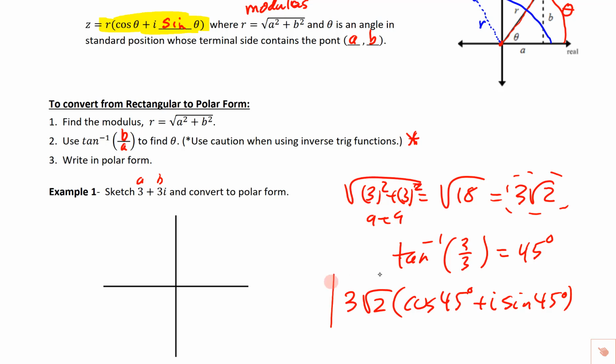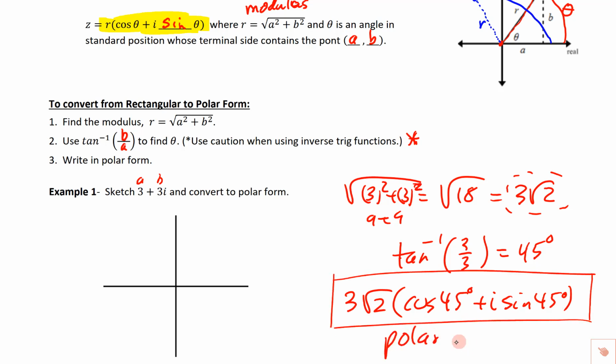Okay, so we've done exactly what they asked. We wrote this in polar form, so we've got polar form right here. And this is rectangular form, just to be clear on this. So this was in rectangular form, we converted to polar form, and we're all set to go.